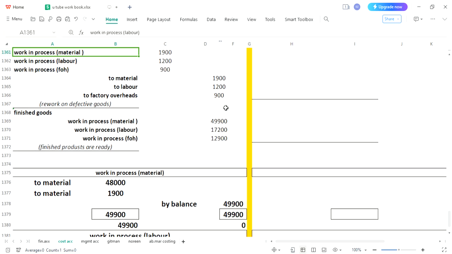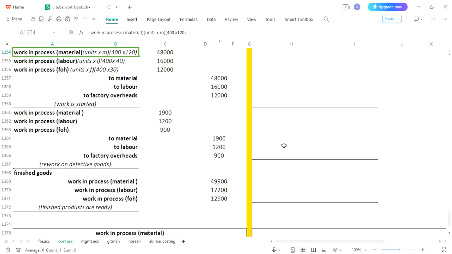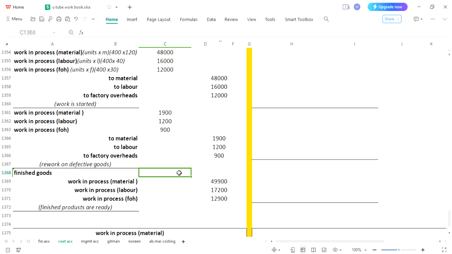Finally, all entries are completed except finished goods, and we will apply a simple accounting principle over here. The sum of the credit side would always be equal to the sum of the debit side. Since nothing is written on the debit side, you will write the sum of the credit side, 49,900, then add 17,200, then add 12,900, so the sum would be written on the debit side.